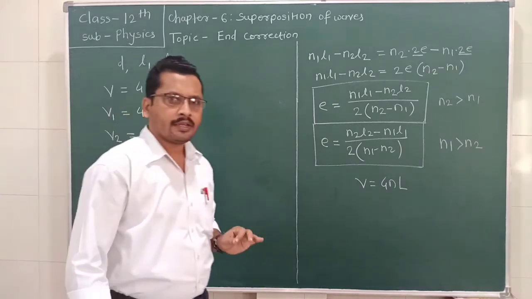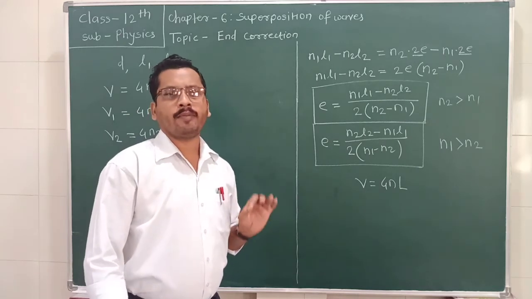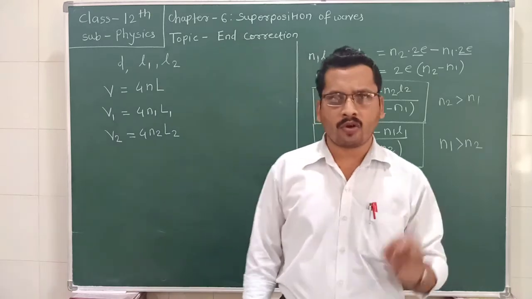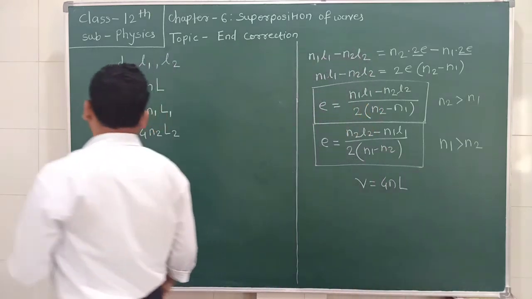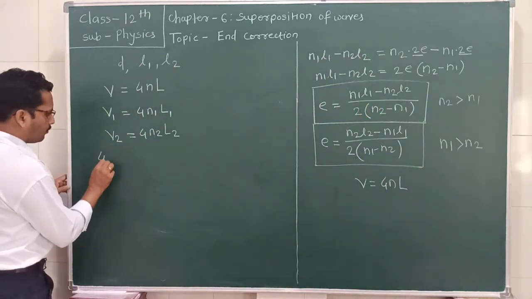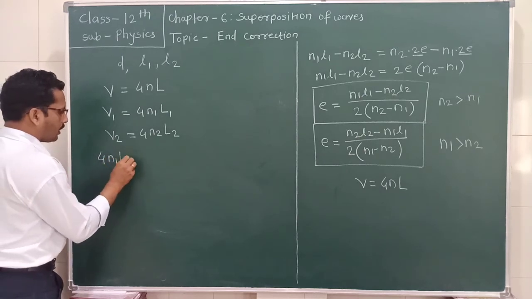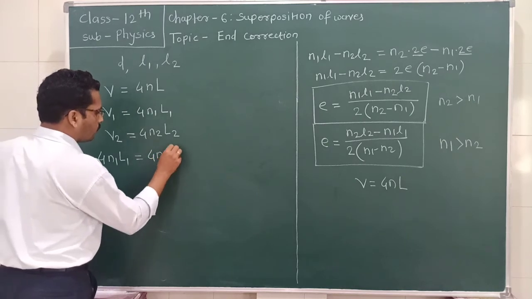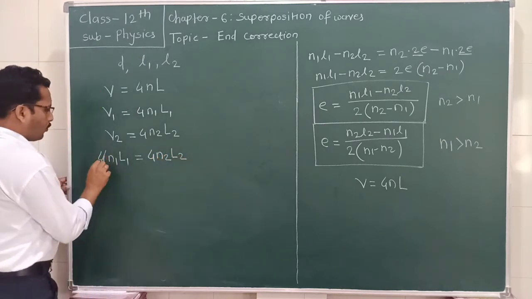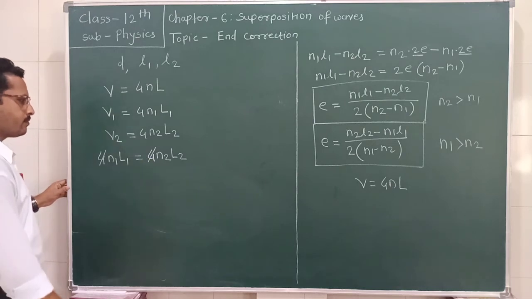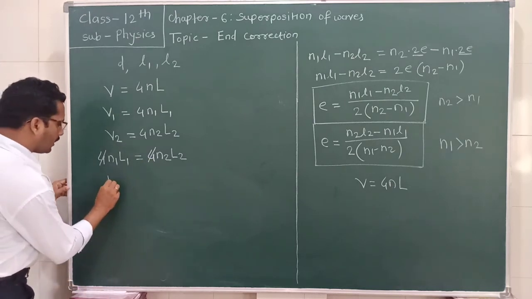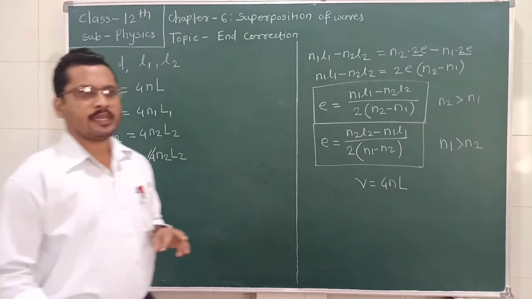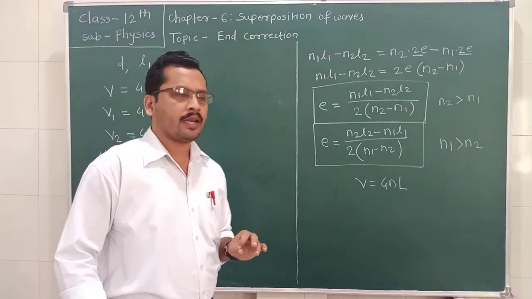But we know that the velocity of sound remains constant. The magnitude of the velocity of sound remains constant. Therefore we can write here 4n1 L1 is equal to 4n2 L2. So this 4 and 4 get cancelled, and we can write here n1 L1 is equal to n2 L2. What is the effective length in the case of pipe closed at one end?